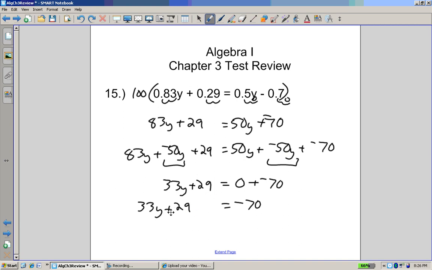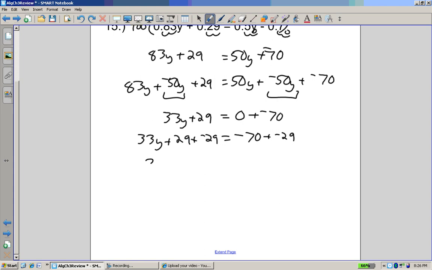First addition or subtraction. So we're going to eliminate the addition on the same side with the variable. Add its opposite. First addition or subtraction, then multiply, divide.